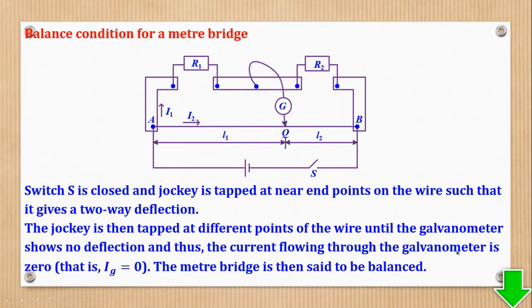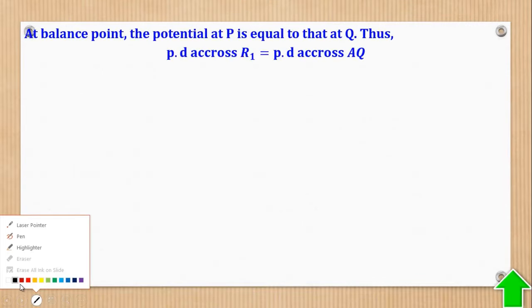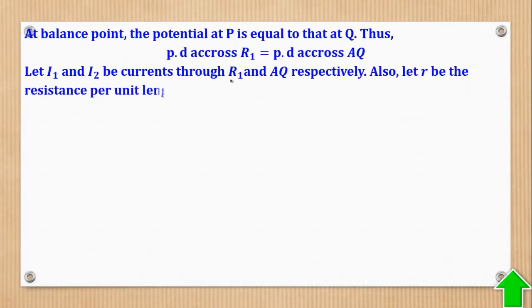Using that knowledge, you come up with this. Let I1 and I2 be the currents through R1 and the length L1 respectively. Also let r be the resistance per unit length of wire AB.